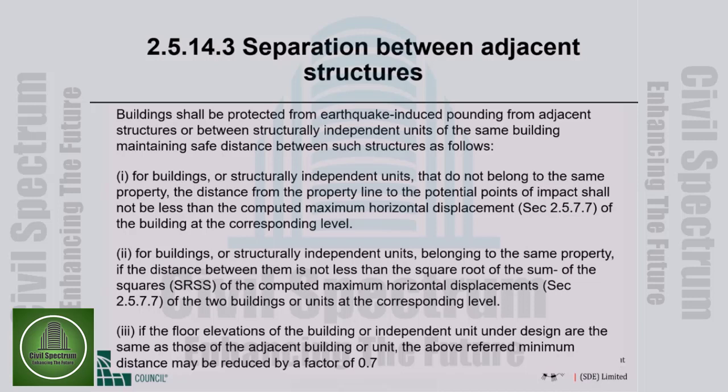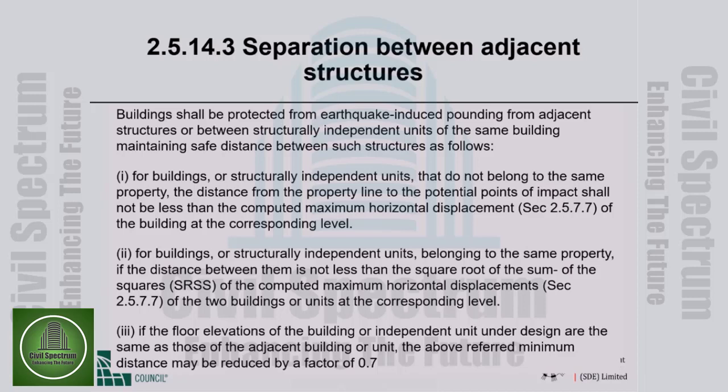So if two properties belong to two different owners, we hardly allow the buildings to touch each other. The separation distance now is the arithmetic sum of the computed deflections.